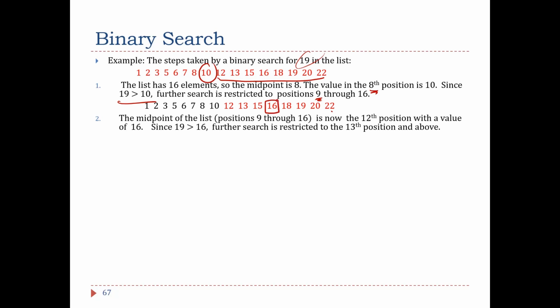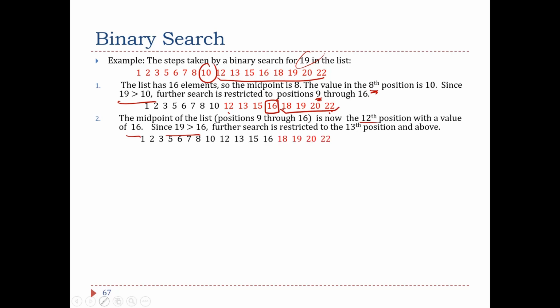So even if we have an odd number, we consider the floor of I plus j over 2. So now the midpoint is the 12th position with the value of 16. 19 is strictly greater than 16. This is why we reduce our array to those values here, 18 up to 22.